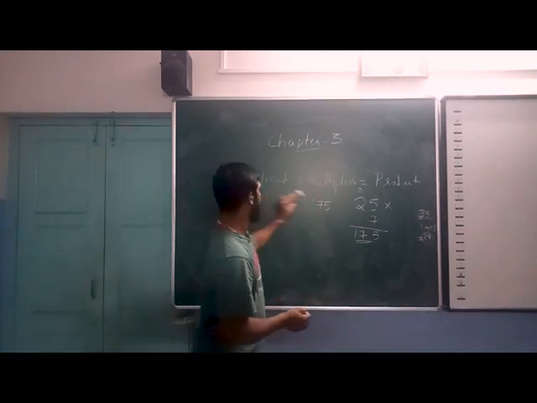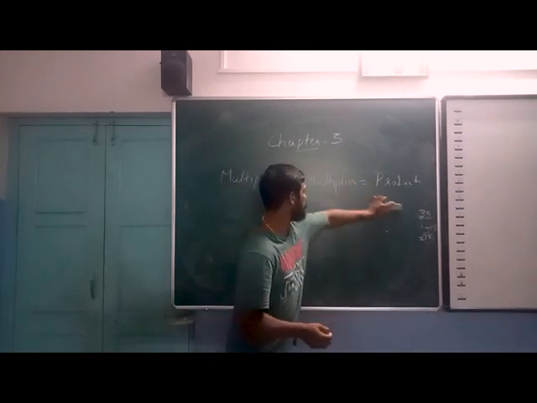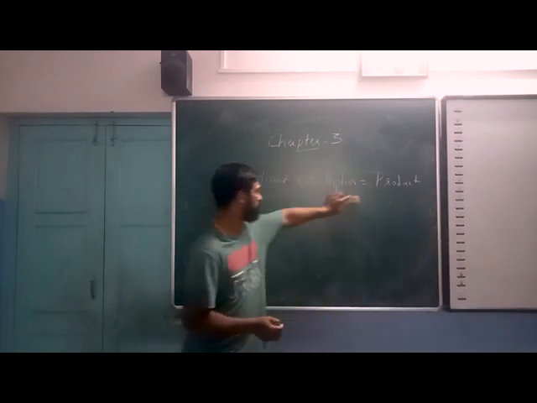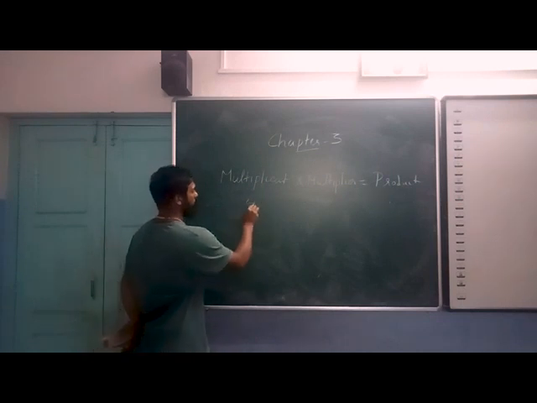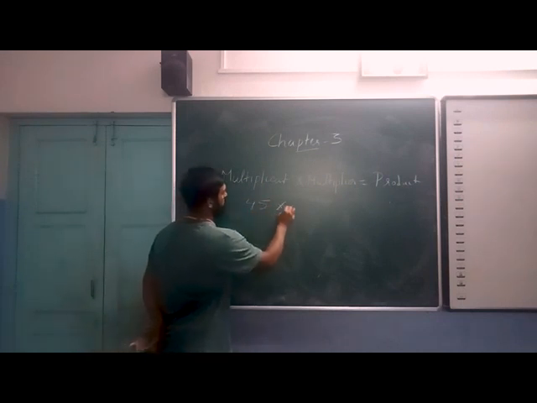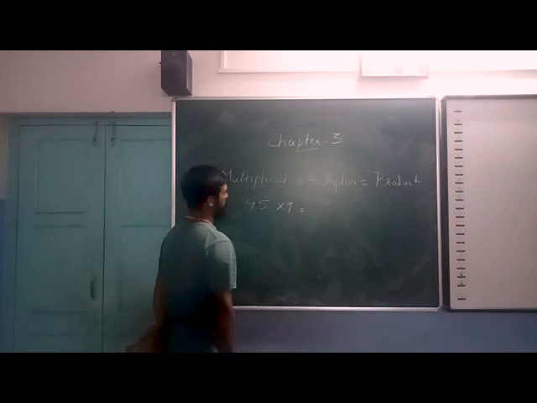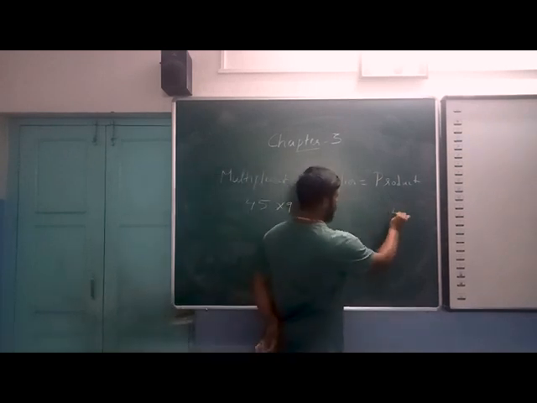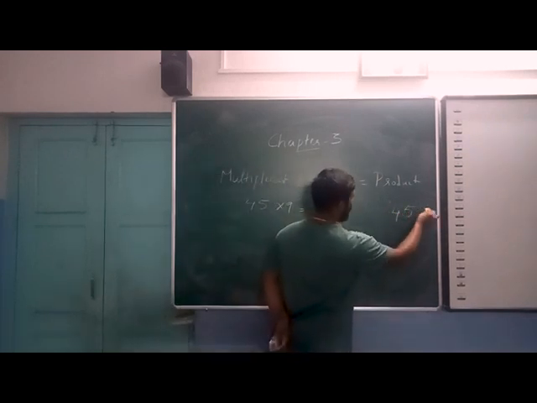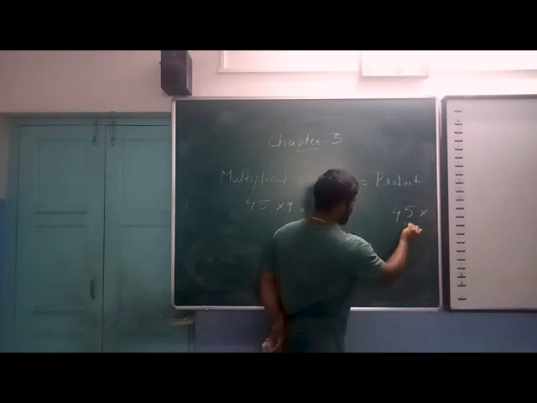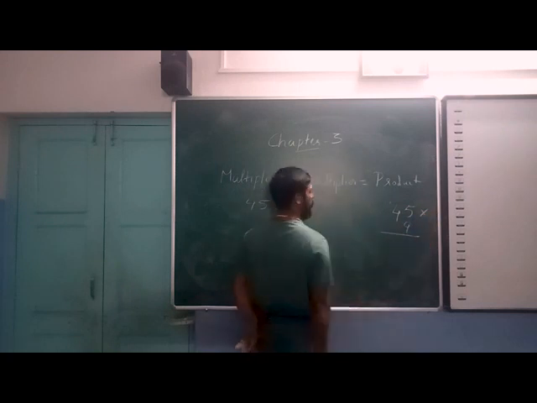So now let us take another example. Let us say 45 into 9. So how do we do that? First of all you have to write 45, then put an emblem, then 9.